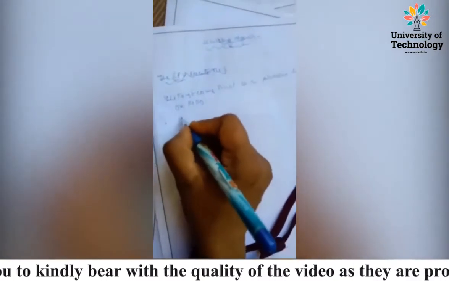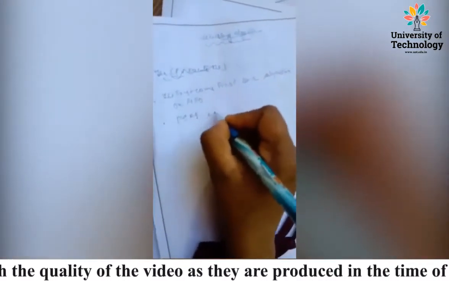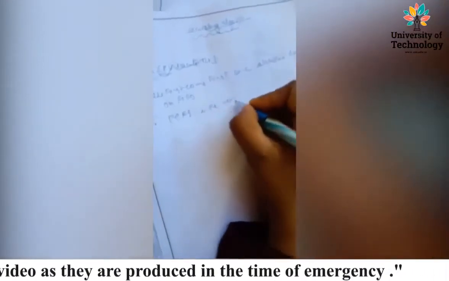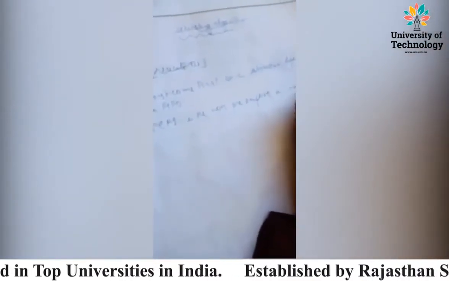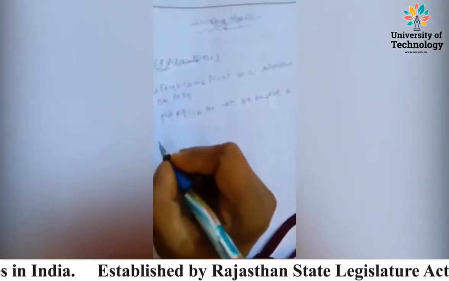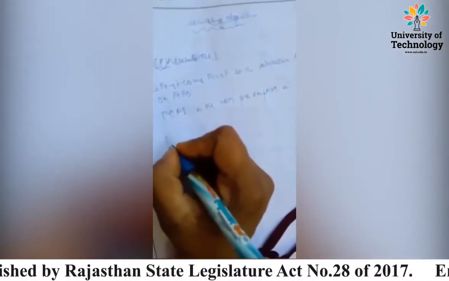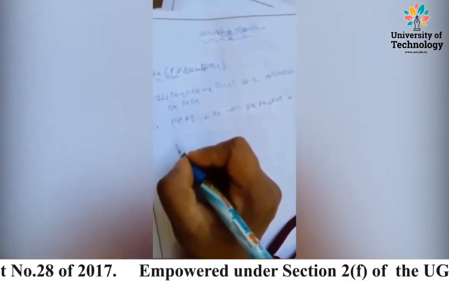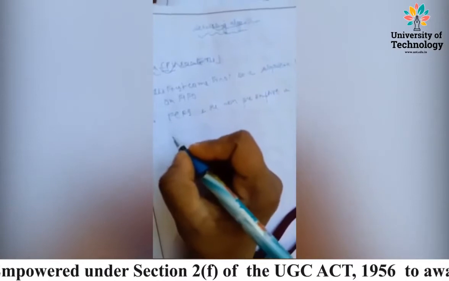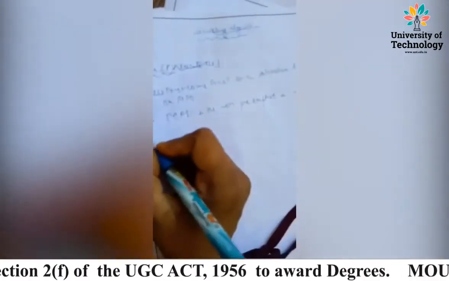So FCFS is non-preemptive in nature and will have a negligible amount of context switching as a job.